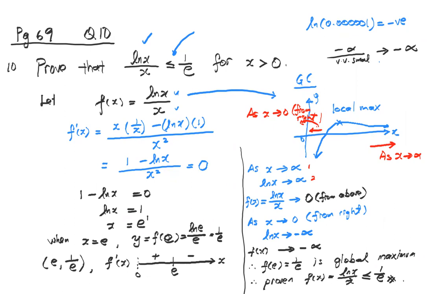How many marks? Okay. I will only give you 1 mark for your differentiation, 2 marks for proving there is a local maximum, 1 mark here, 1 mark here, then the other one, the conclusion. The most I give is 6 or 7 marks, for the hard work of saying this.